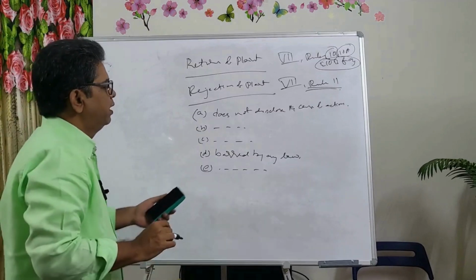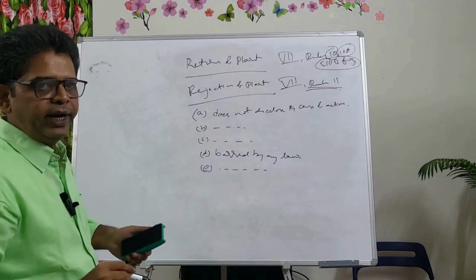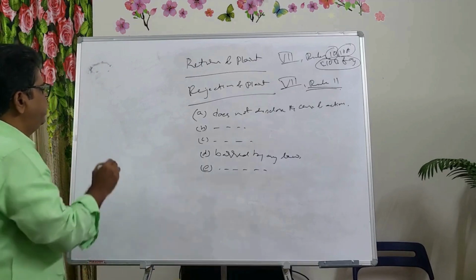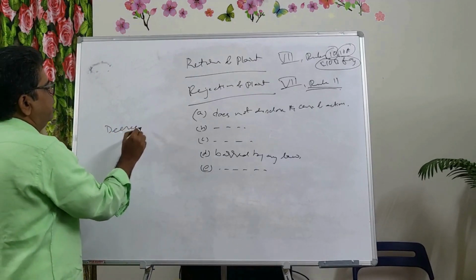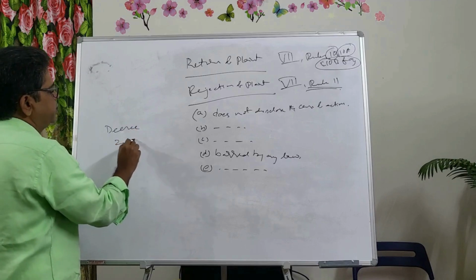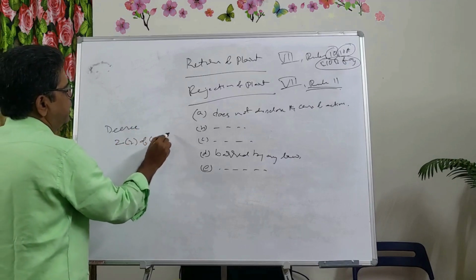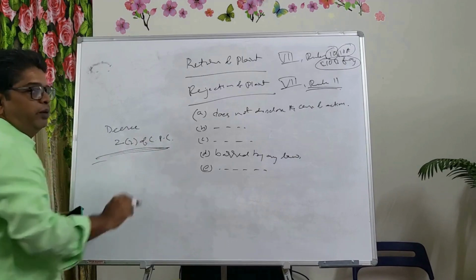Okay? And once the court rejects the plaint, it comes under the definition of decree as defined under Section 2, subsection 2 of CPC. The remedy is an appeal suit.